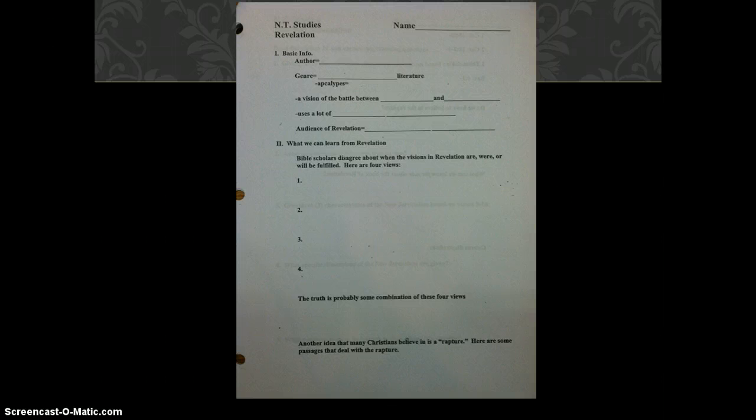This is not intended to be an exhaustive list of everything a person could know or should know about Revelation, just some of the important stuff, as we only have a little bit of time for this book in class.